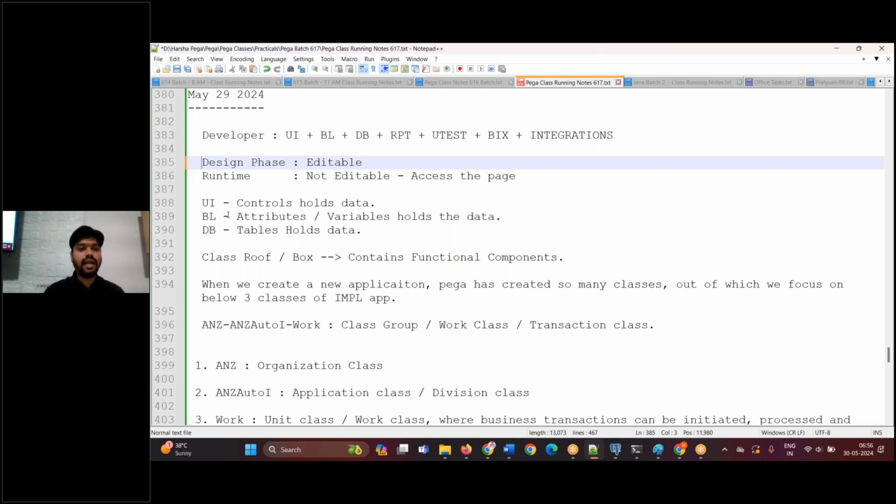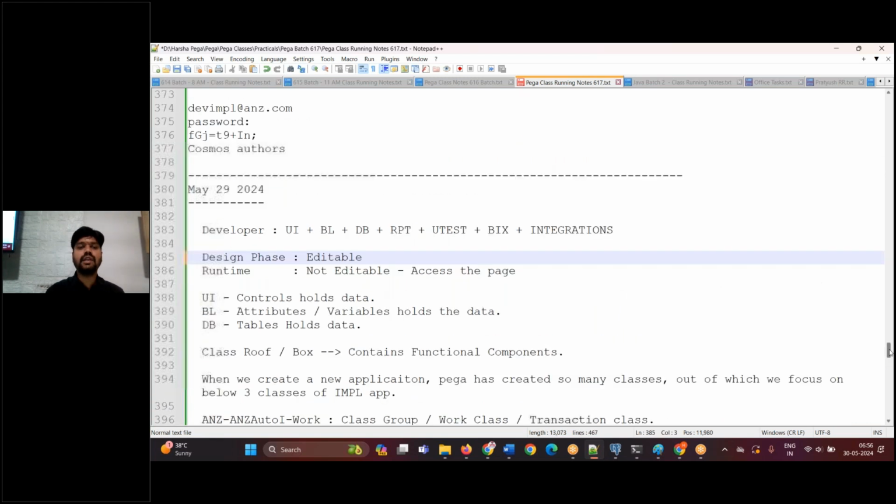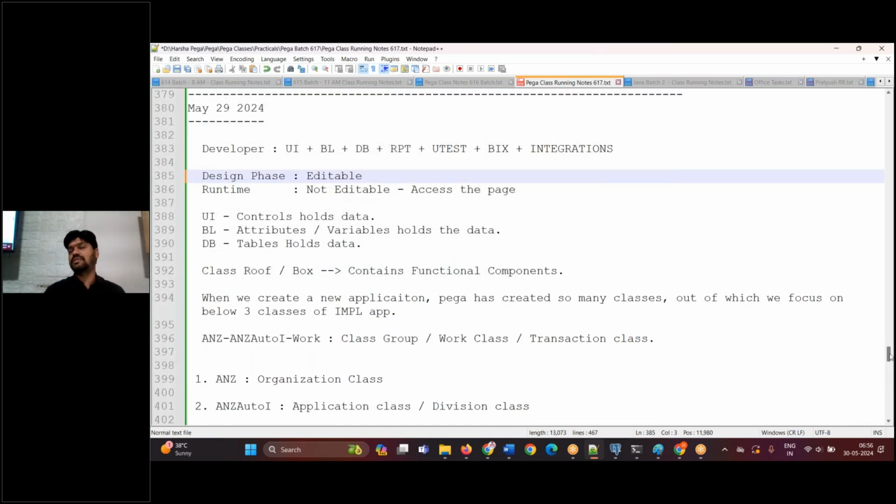Okay. And whenever you want to work on the user interface part, you are going to deal with something called controls. Every software application screen that you come across will definitely have some controls. At least labels will be there, or paragraphs.